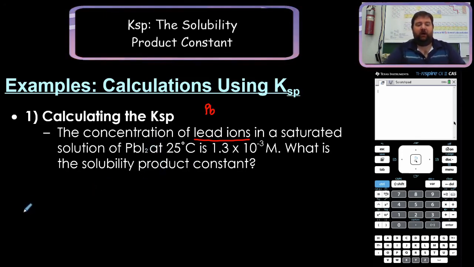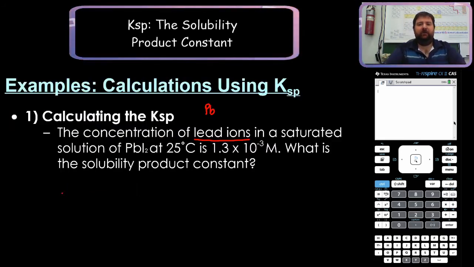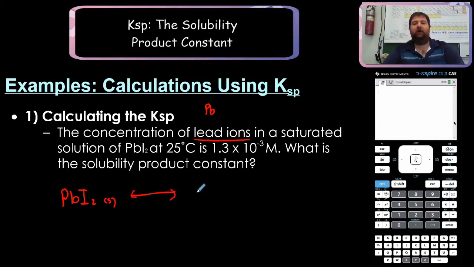So we're going to start off, like we said before, with writing the dissociation equation and balancing. So we have PbI2, and this happens to be a solid. And it's going to dissociate in water into Pb2+ and I-.